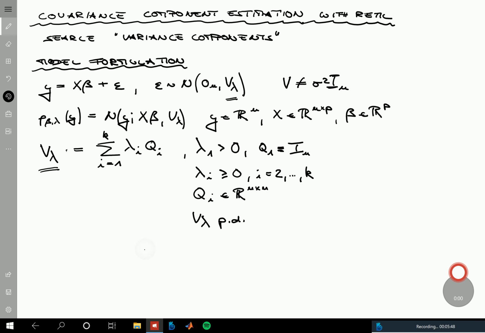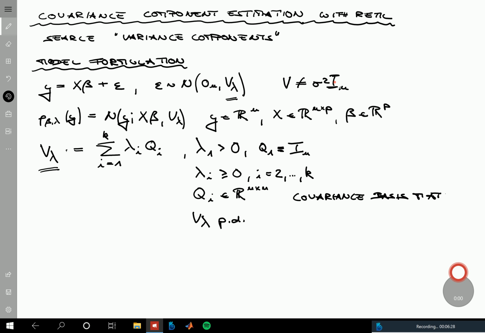And the structure that is then imposed here, and is always imposed in neuroimaging, is this sum of scalar parameters lambda i times covariance basis matrices, that's how I call them.